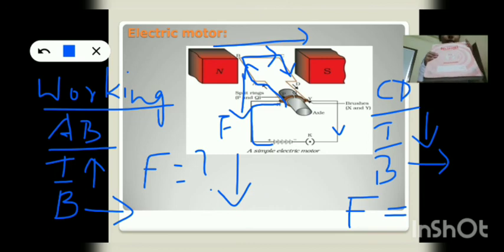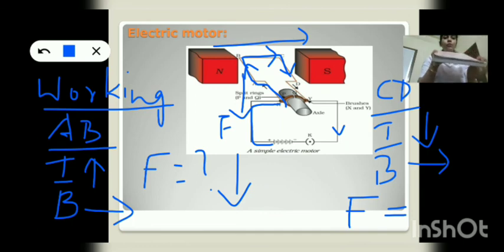Just consider this closed face as your face AB, and consider this open face as your face CD of the coil. Consider this book as your rectangular coil. This face is AB and this face is CD. And what happens to AB? AB moves downwards, right?